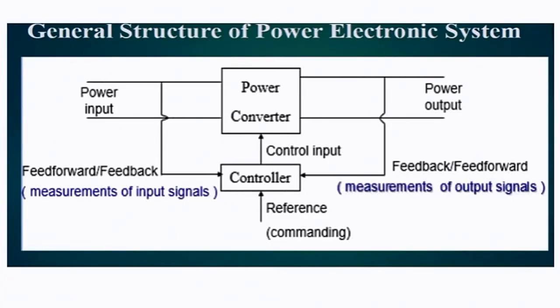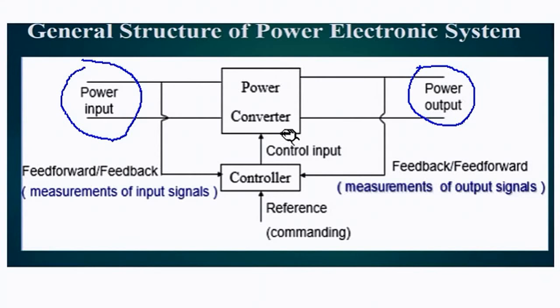Next, the general structure of power electronic systems. As I have already told, power electronics is converting one form of input energy to another form of electrical energy, like AC to AC, DC to DC or AC to DC conversions. Depending upon the power output type and power input type available, we can use different types of power converters.